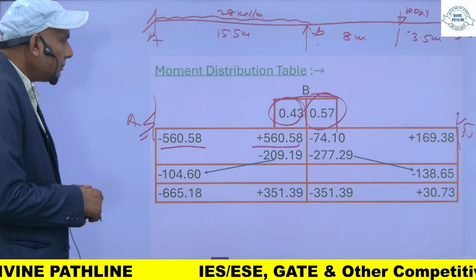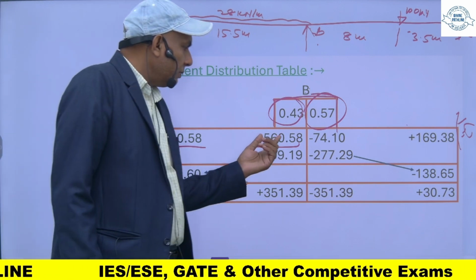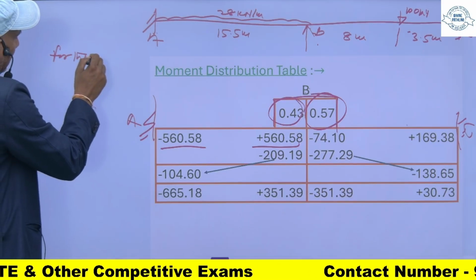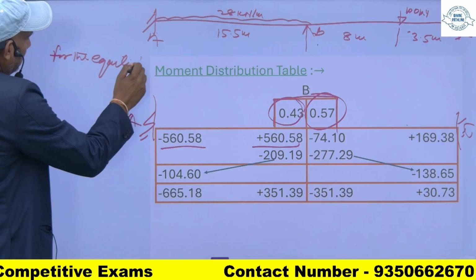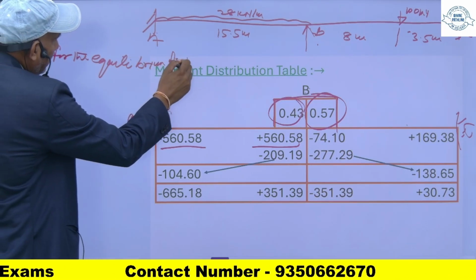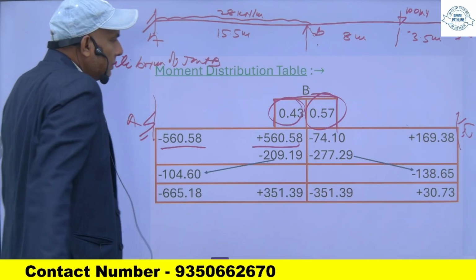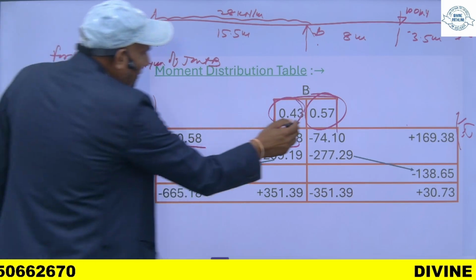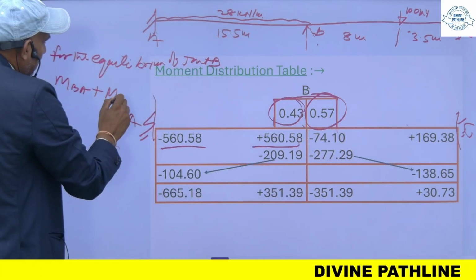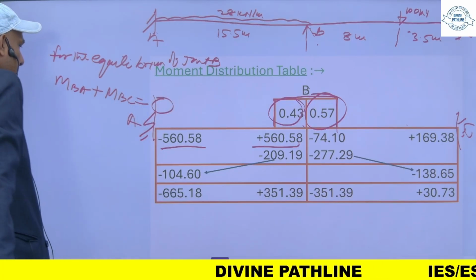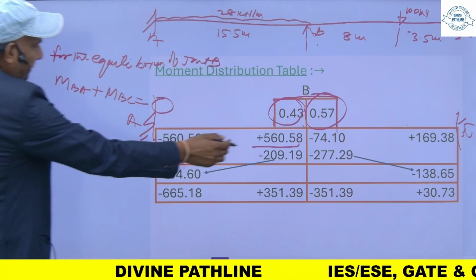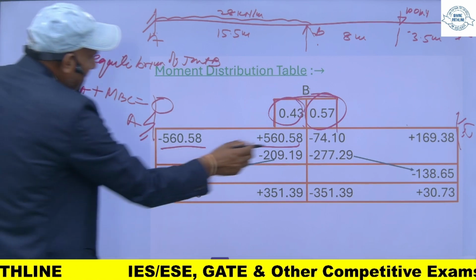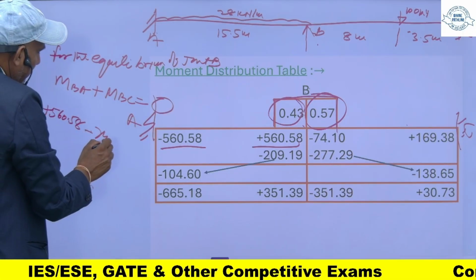Now, as we know, for equilibrium of this joint B, the sum of MBA plus the sum of MBC must be equal to 0. This is plus 560.58, and this one is minus 74.10.